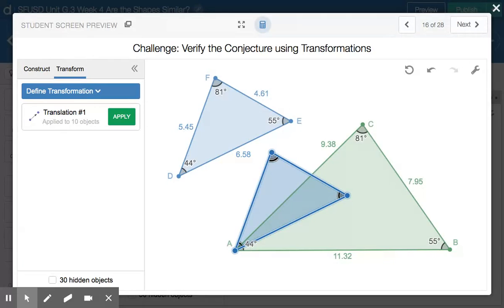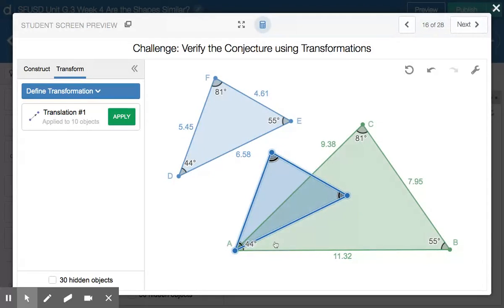The next thing I want to do is rotate this triangle so it's in the same orientation. And that means that this segment here will lie exactly on top of segment AB in the green triangle. So to do a rotation, I'm going to need the measure of this angle so I can figure out how much to rotate it.